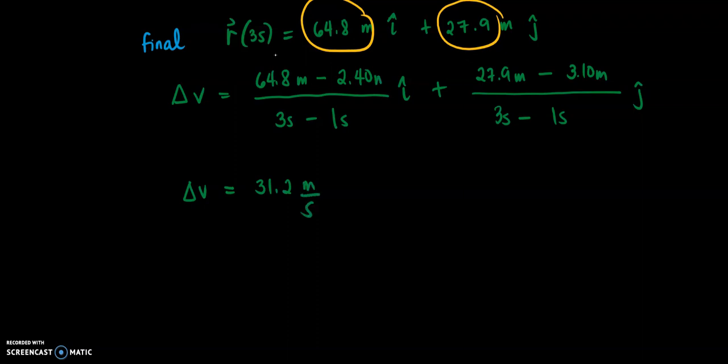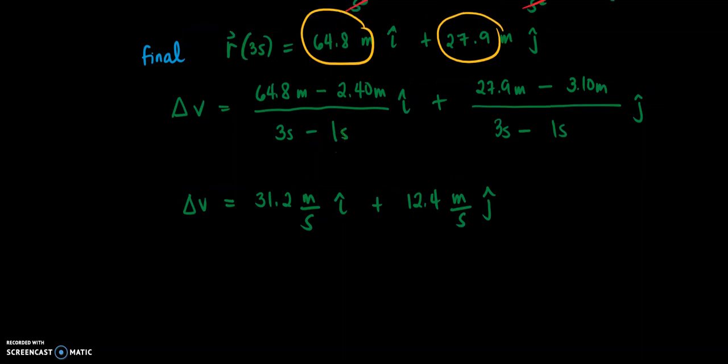We forgot the meters here. i hat, then plus 27.9 minus 3.10 and divided by 2, that is 12.4 meters per second, j hat. Okay, so this is again the average velocity from t equals 1 to t equals 3 seconds.